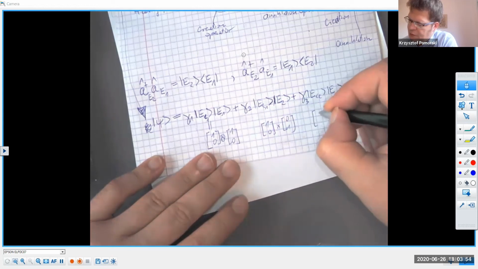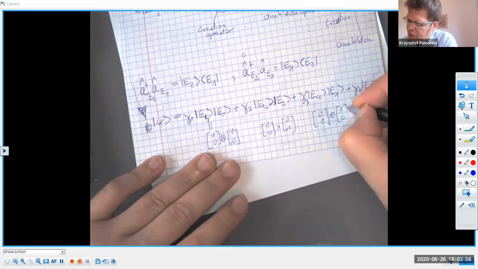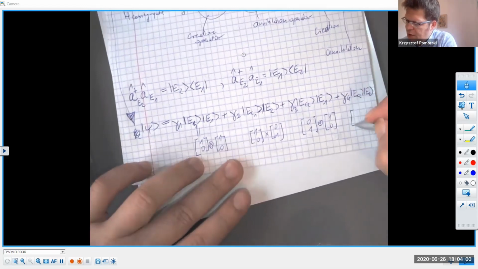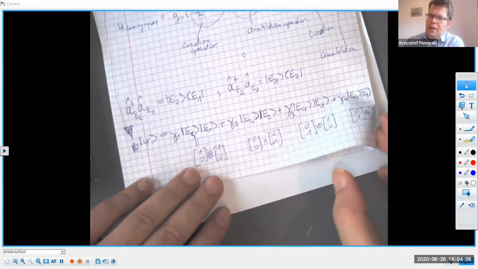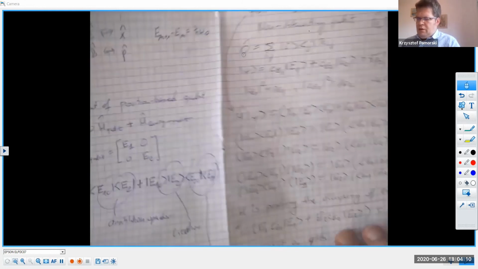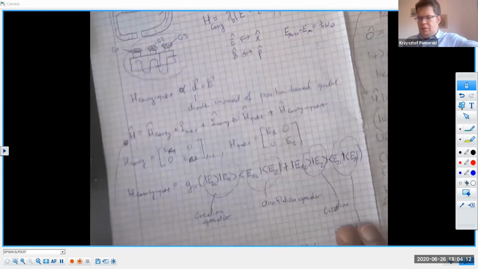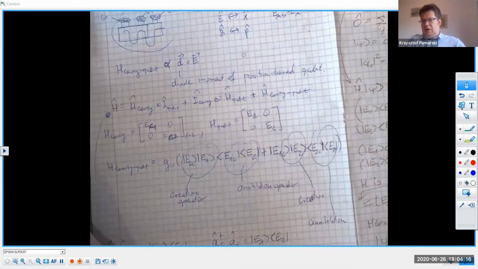And now we come to this idea of entanglement between matter and radiation that will be very essential for our quantum communication. All right, so how to go into greater detail in such a description.